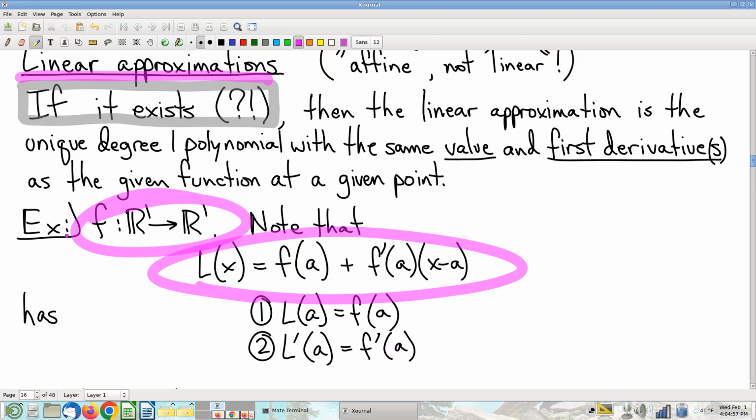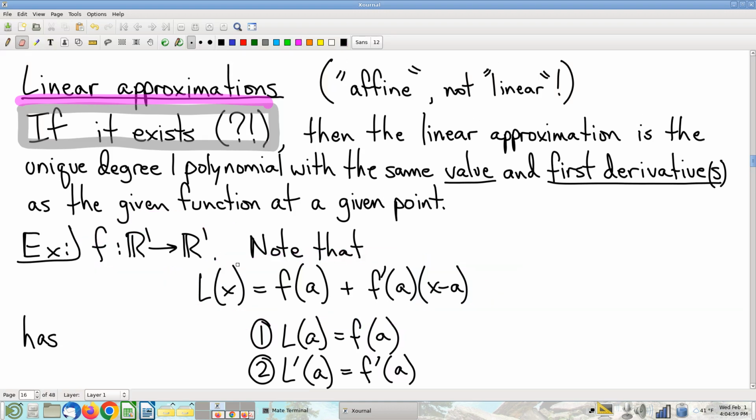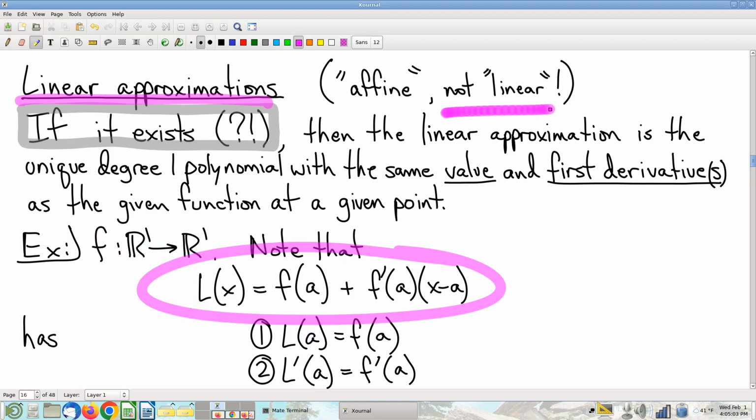Okay, real quick observation, and I don't want to kill time on this, but technically this linear approximation is not linear. That's unfortunate terminology. You remember, linear transformations were the object of great study back in Math 218, and one of the rules for a linear transformation is if you put in 0, you get out 0.